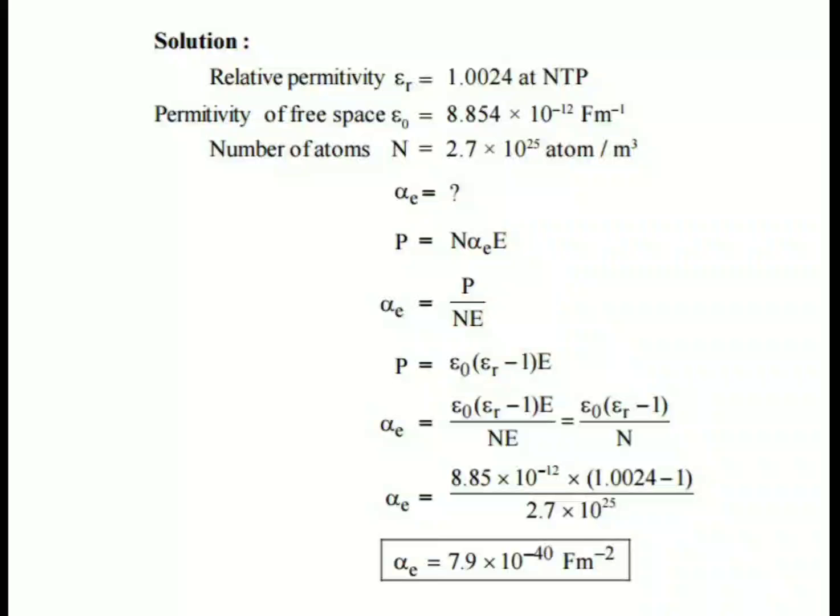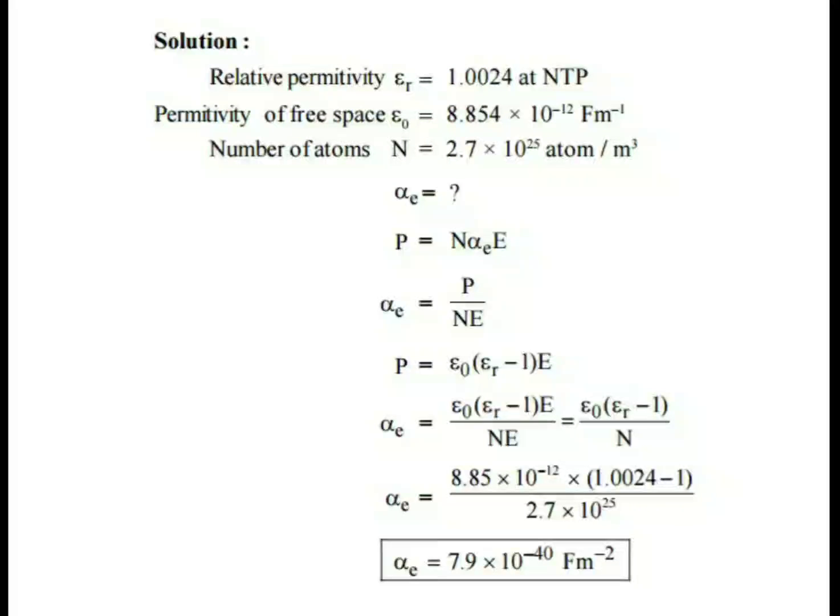So that's why this formula we can change into P is equal to epsilon naught into epsilon r minus 1 into E. Substitute in this equation. So here E and E are cancelled. So there are only the values epsilon naught, epsilon r and N. So these three values are given in the problem.